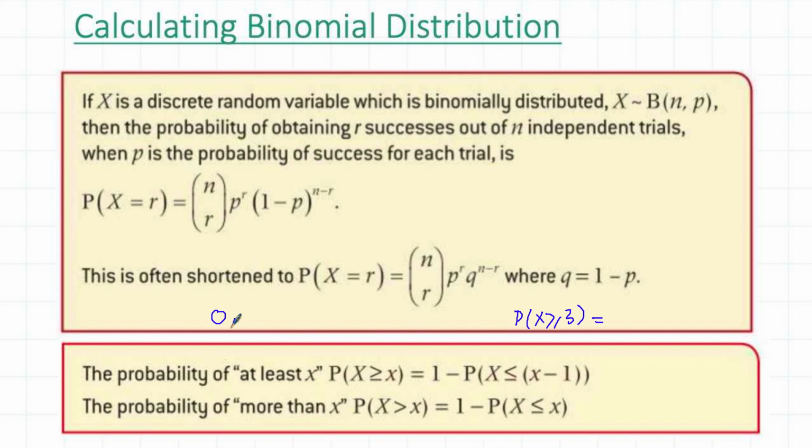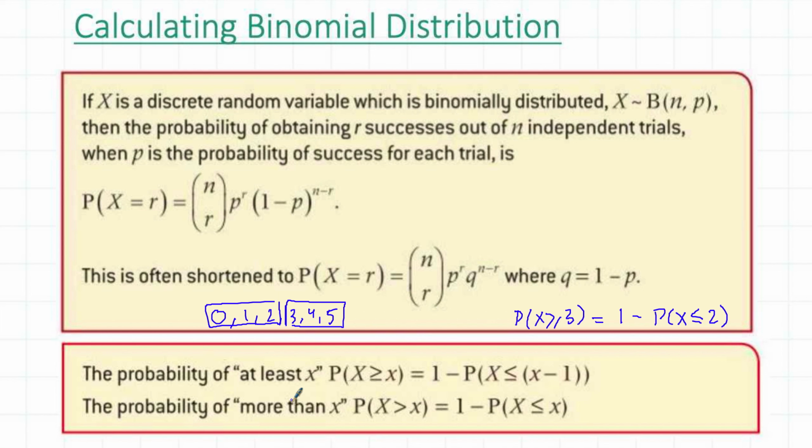So I either get 0 sixes, 1 six, 2 sixes, 3 sixes, 4 sixes, or 5 sixes. If I'm looking for at least 3 sixes, it means I'm not looking for the 0, 1, and 2, which means I can take away x less than or equal to 2. So notice how this jump happens. I need to write it this way. This is why it says x minus 1.